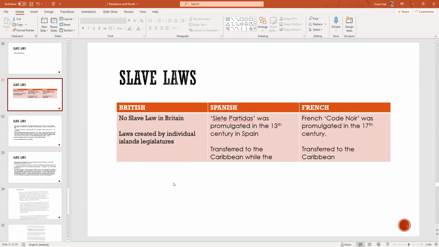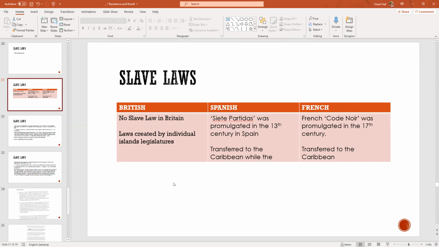But in Spanish territories, the laws were transferred from Spain to the Caribbean, or anywhere in the world that the Spanish had slaves, they used the Siete Partidas. And in fact, the Siete Partidas was originally used when the Spanish had problems with the Moors and the Jews in Spain.